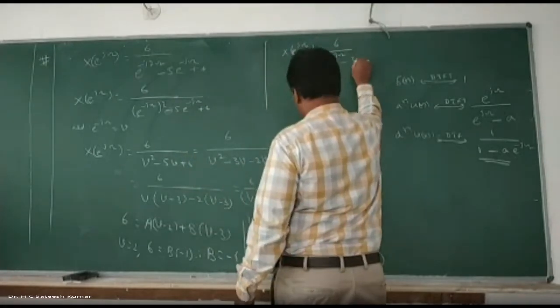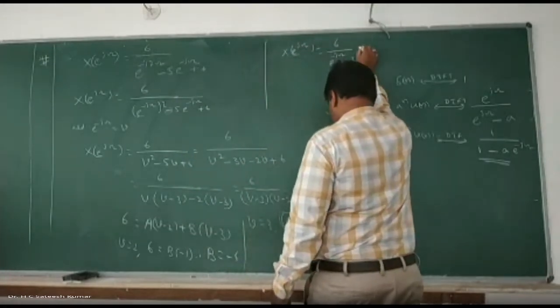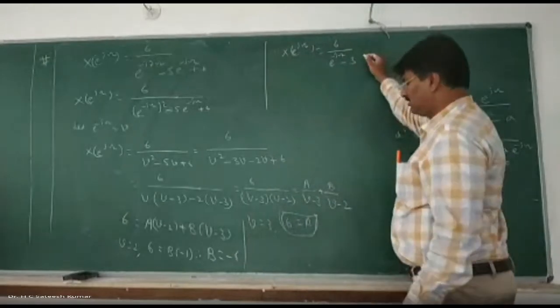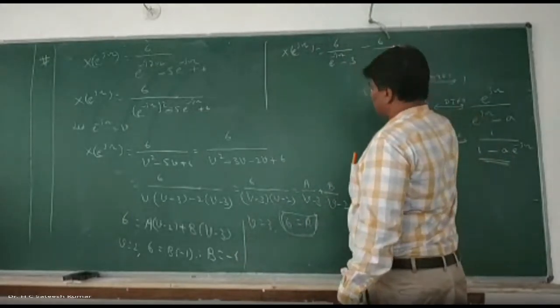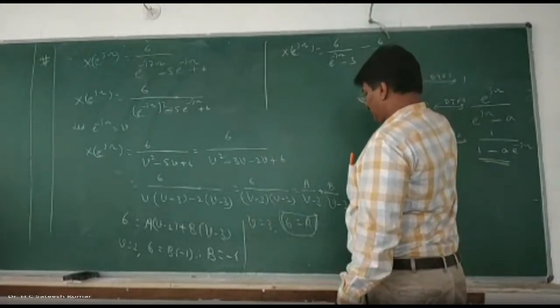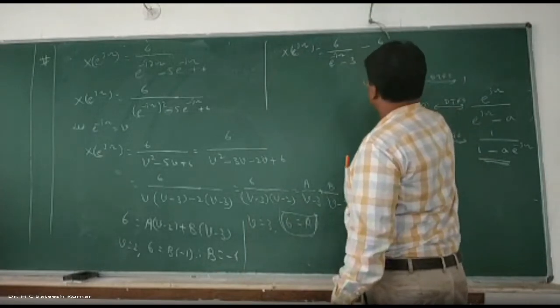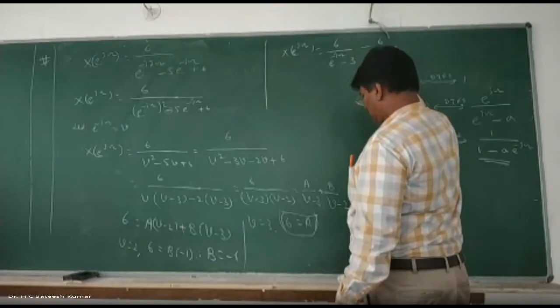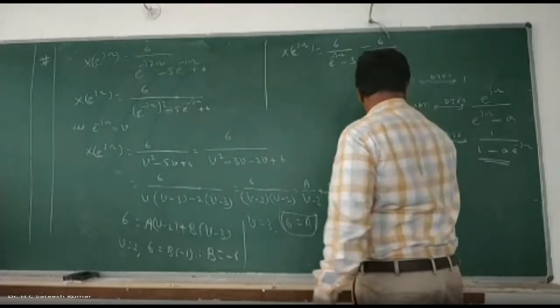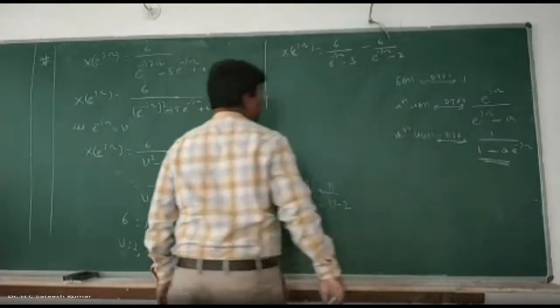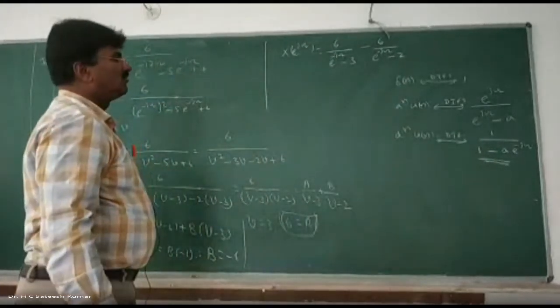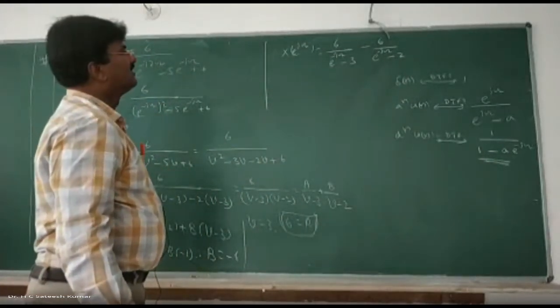Minus 3 plus B. B is minus 6. Minus 6 divided by e to the power of minus j omega minus 2. But that is not the standard form. You should go with this format, right? 1 minus, you should get it, right?